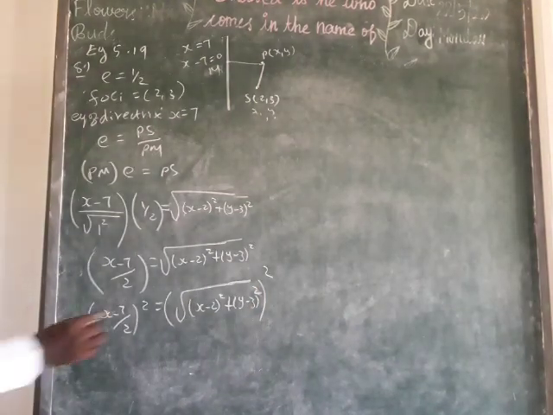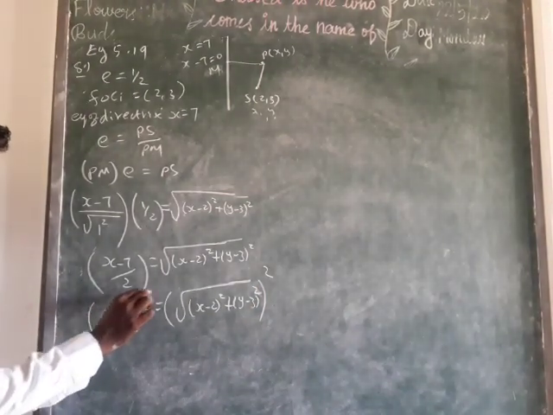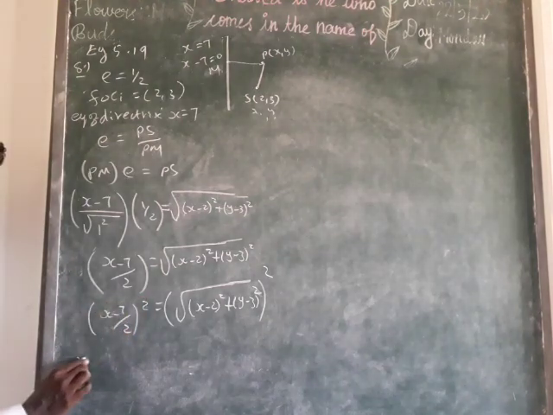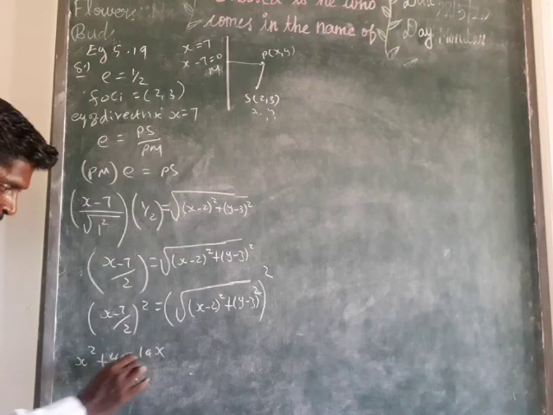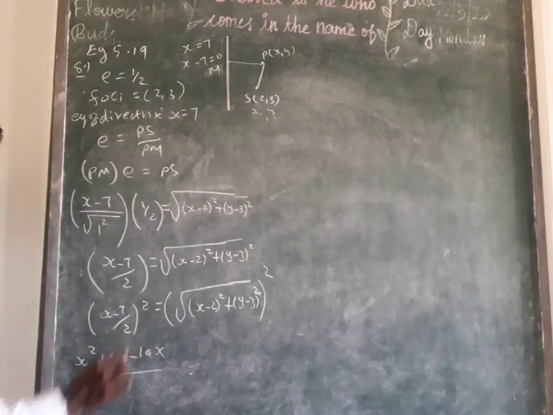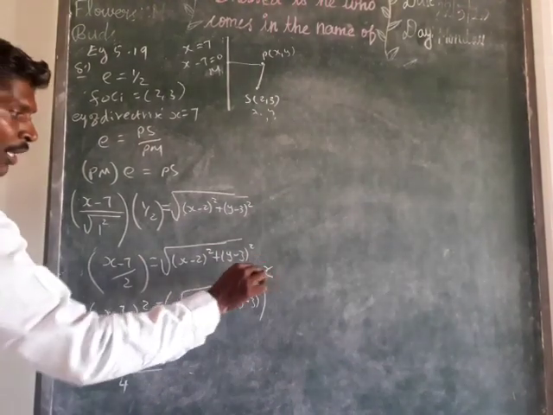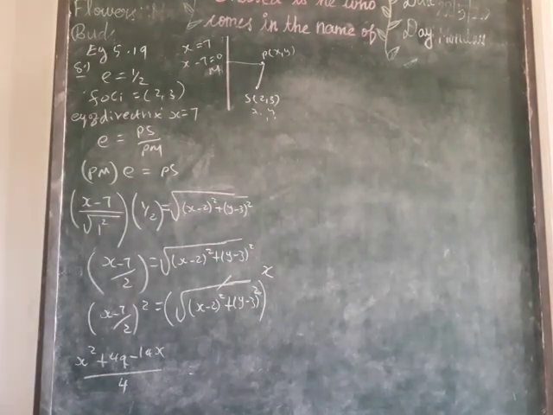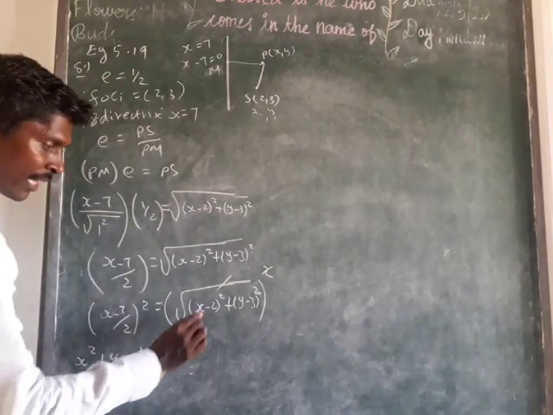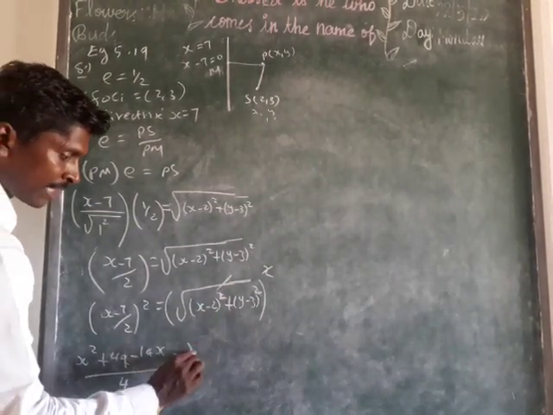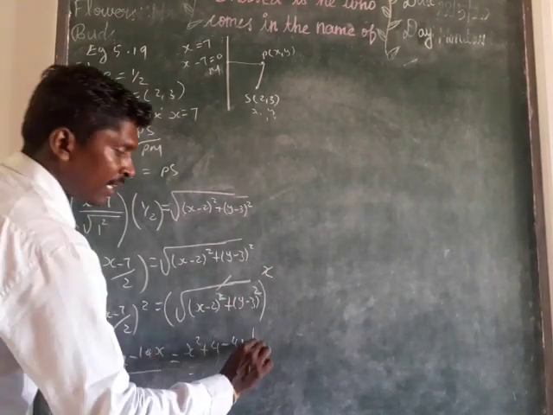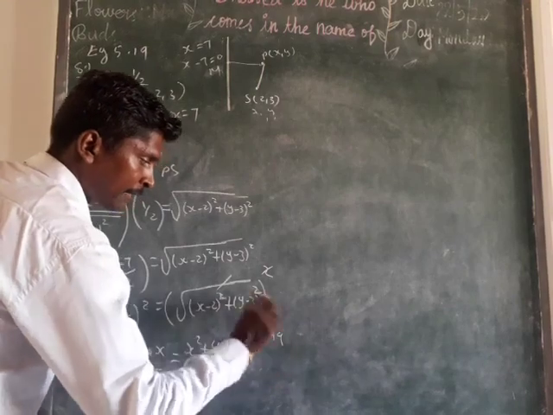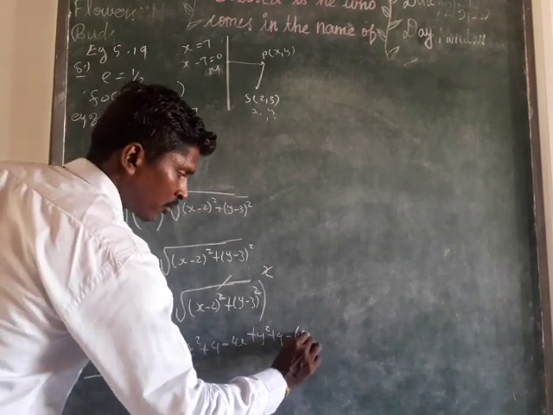When we square the numerator, x minus 7 the whole square, using a minus b the whole square equals a squared plus b squared minus 2ab, gives x squared plus 49 minus 14x. 2 squared becomes 4. Now the square root is cancelled. Then expanding x minus 2 the whole square gives x squared plus 4 minus 4x, and y minus 3 the whole square gives y squared plus 9 minus 6y.